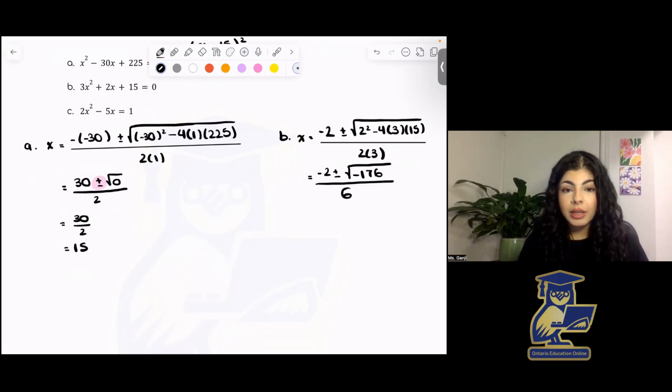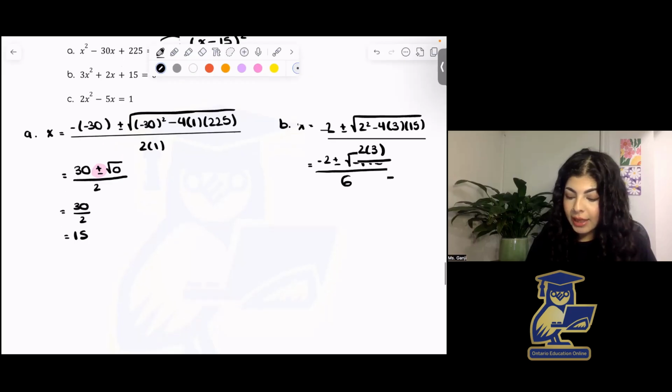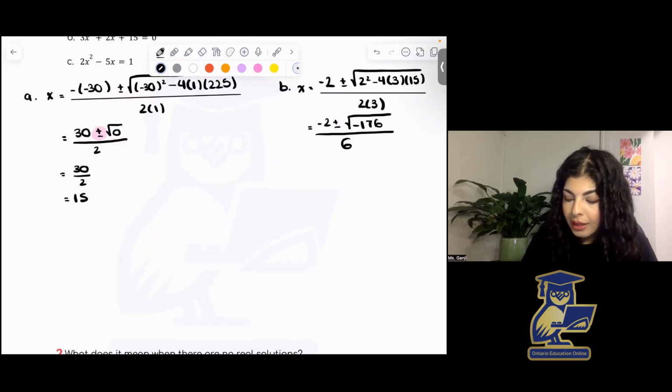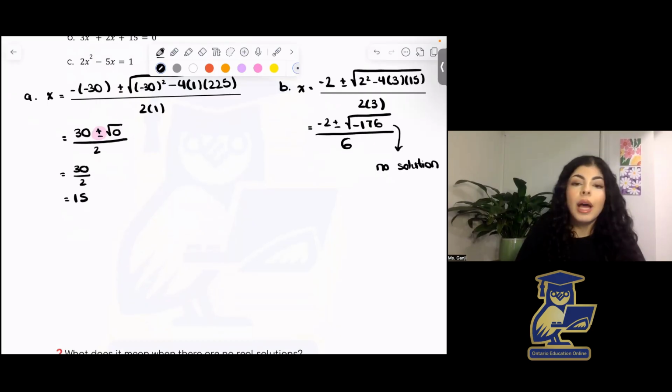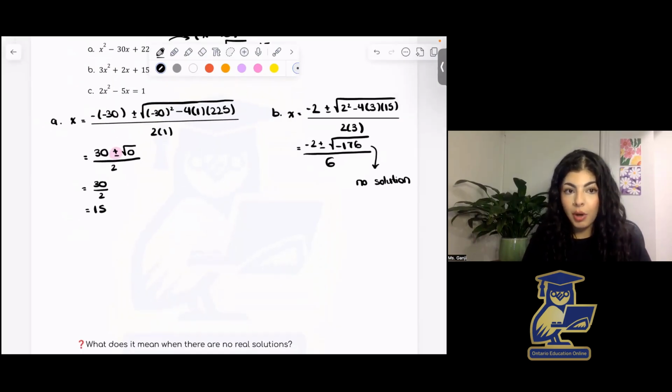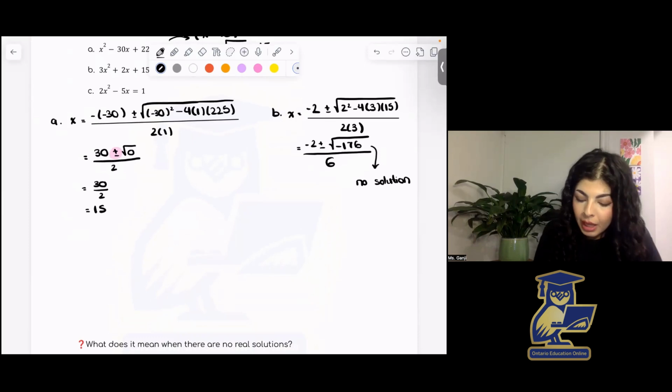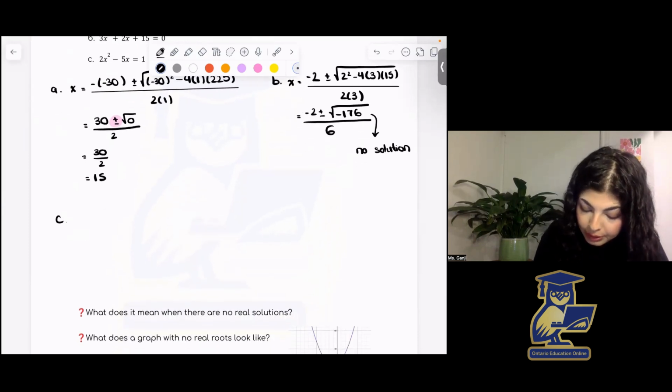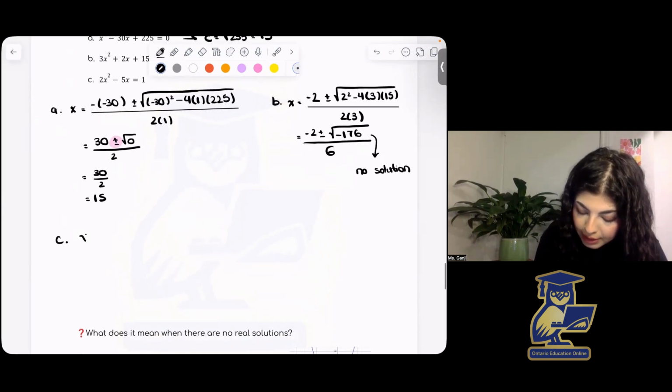So for this level, you would just stop there and say that this part is not solvable, or you would just say no solution. And so that would mean that there is no solution to this equation, and that is a second possibility of the quadratic formula.